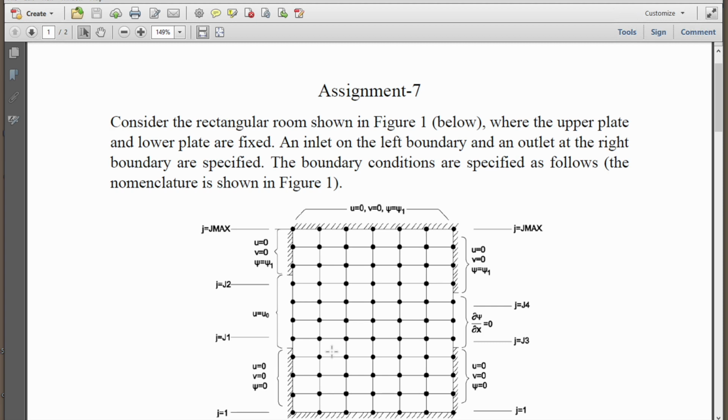I understand, but it will be a bit difficult sometimes, because you have both kinds of boundary conditions here, Dirichlet and Neumann. This is the Neumann boundary condition they are applying, and this is the Dirichlet boundary condition.